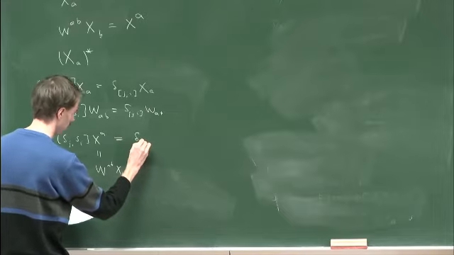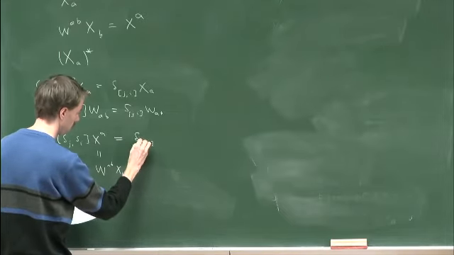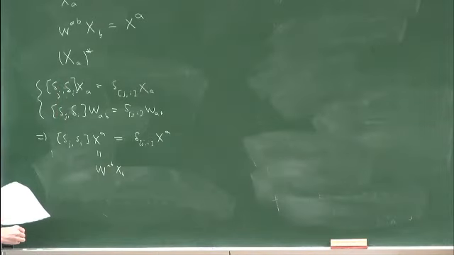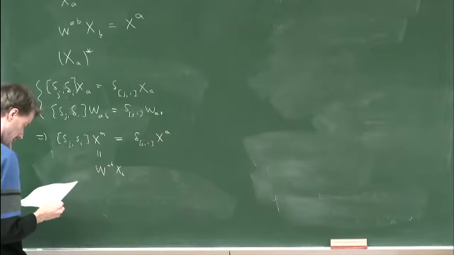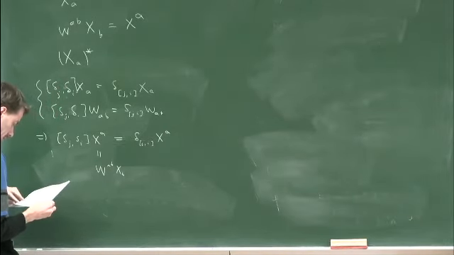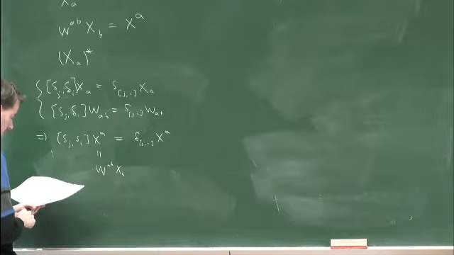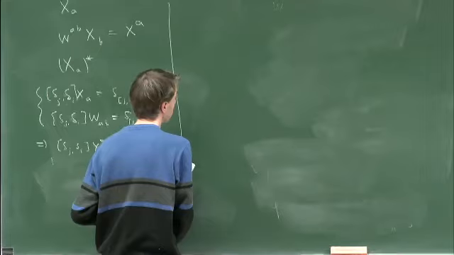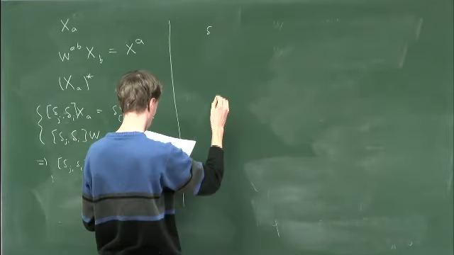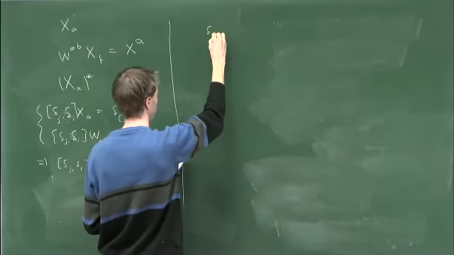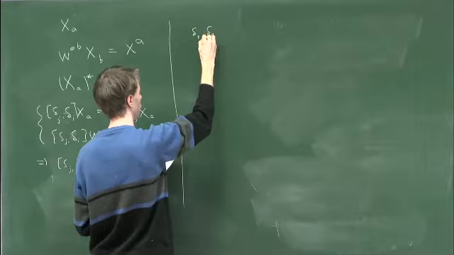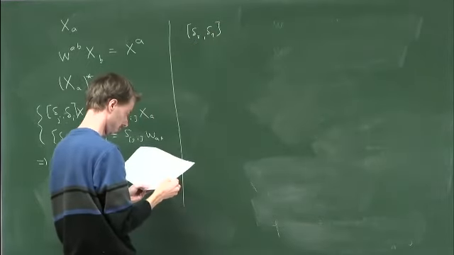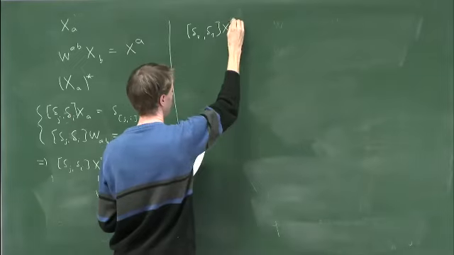So closure means J I X I. So I need to compute them. I switched to 1 and 2 here because I only consider 2 variations. So I call them 1 and 2 instead of I and j, and I will compute this quantity.